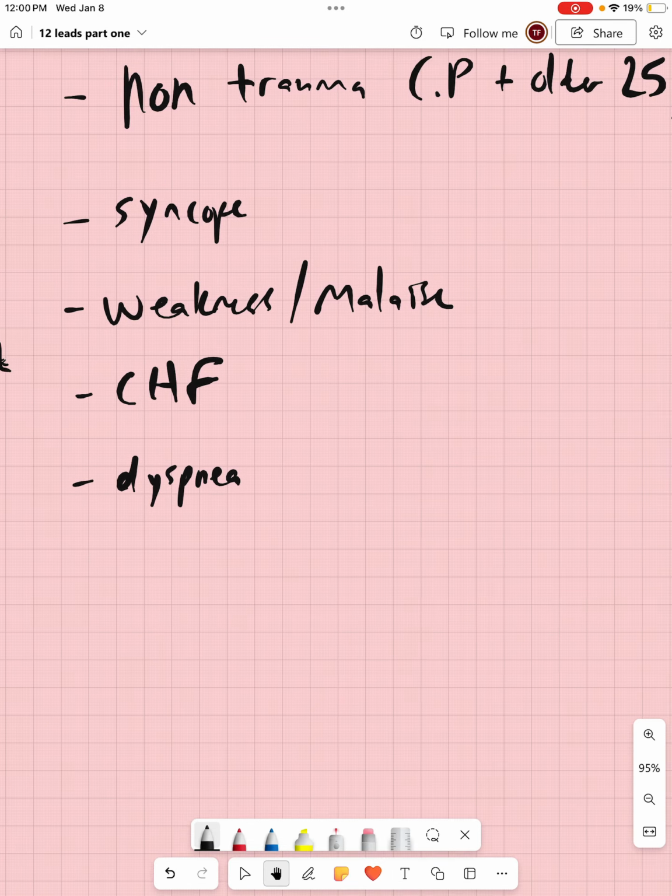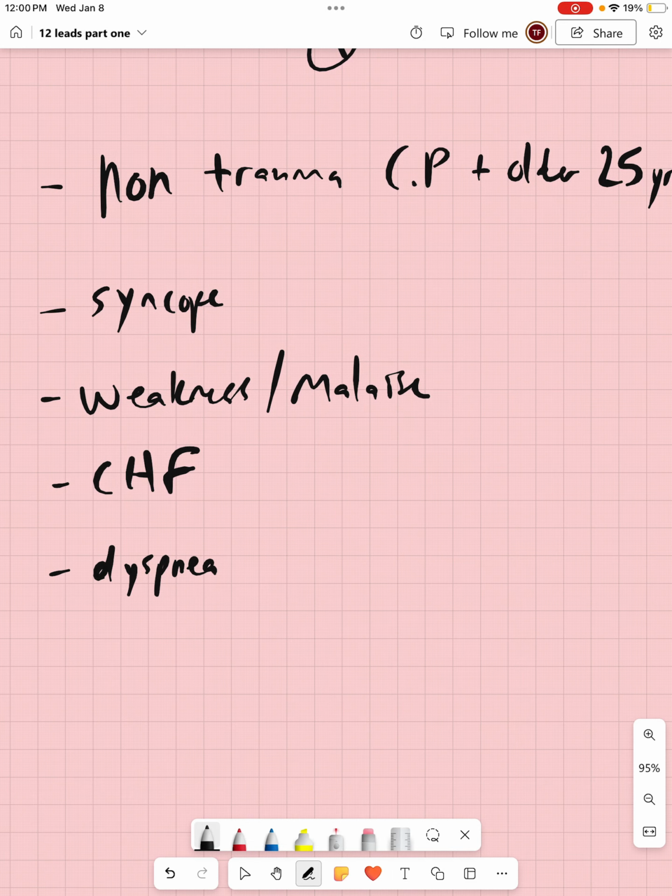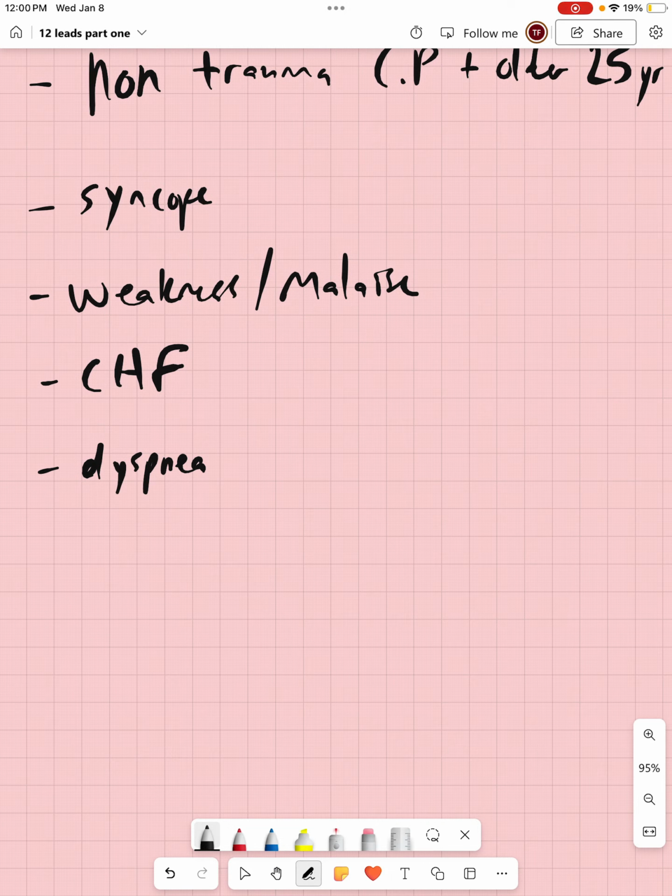Why are they short of breath? Their lungs are clear. What's going on? I want to throw up diabetic issues as well.